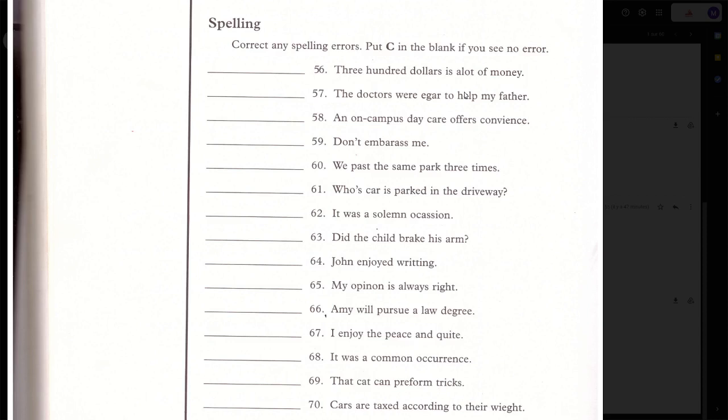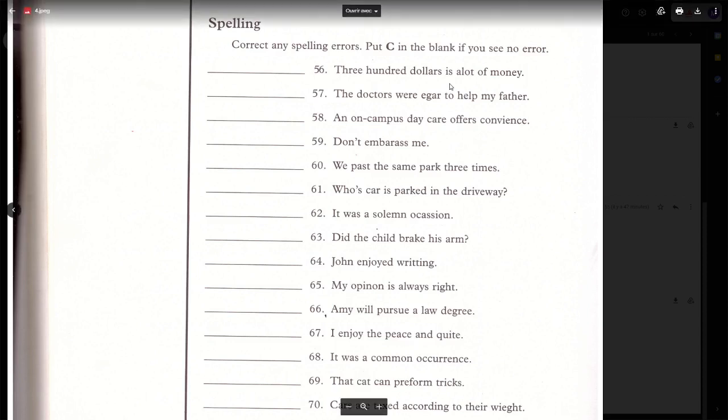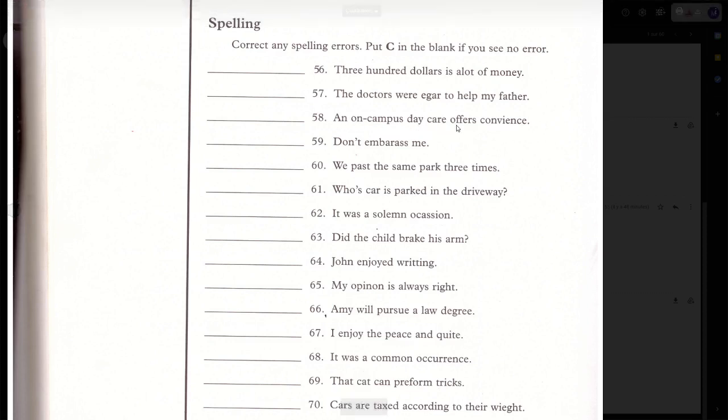Najla. The doctors were eager to help my father. Eager, E-A-G-E-R. Very good. So the mistake is eager. E-A-G-E-R. Next. Very good.